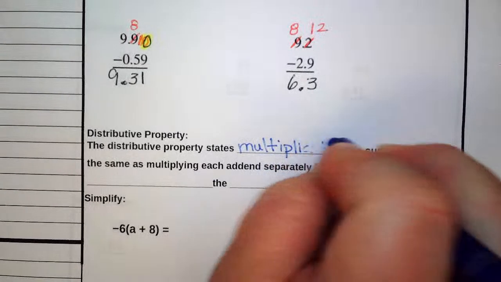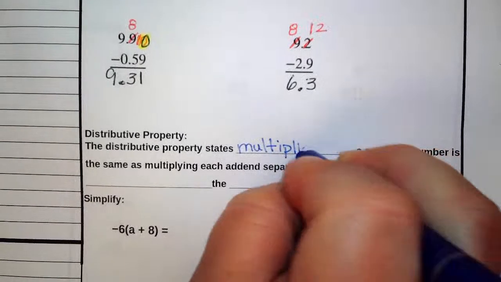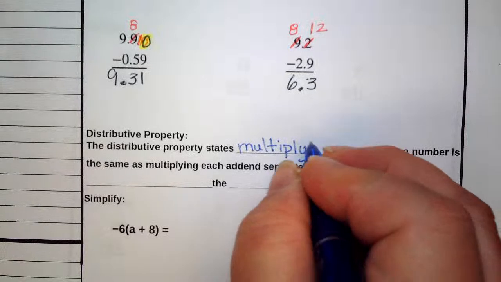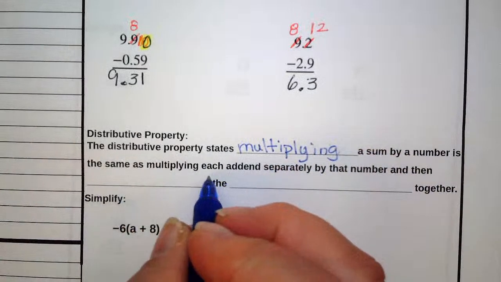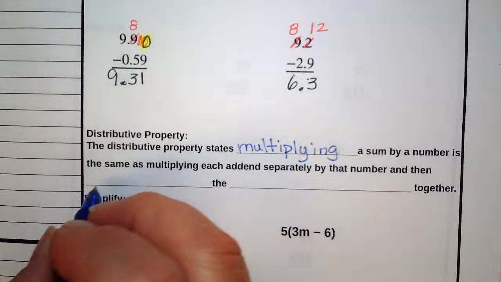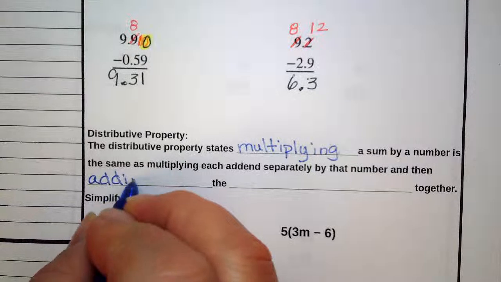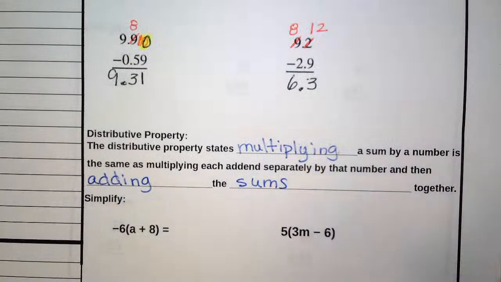I should have put, instead of multiplication, it should be multiplying a sum by a number is the same as multiplying each addend separately by that number and then adding the sums together.